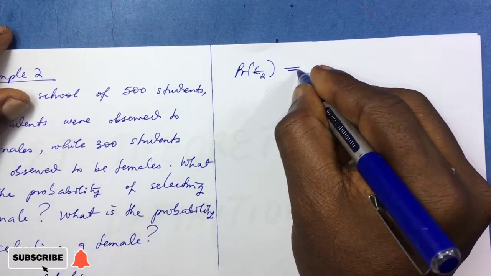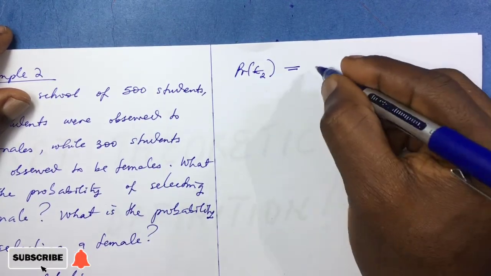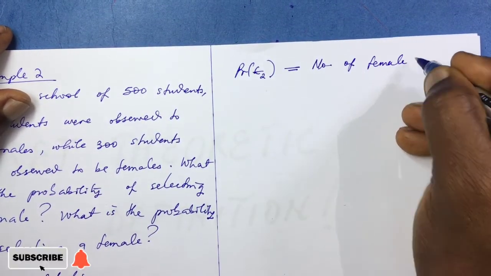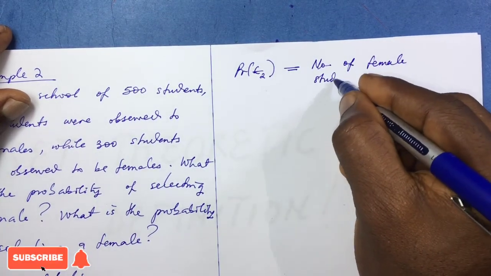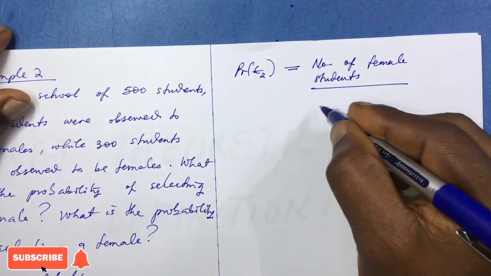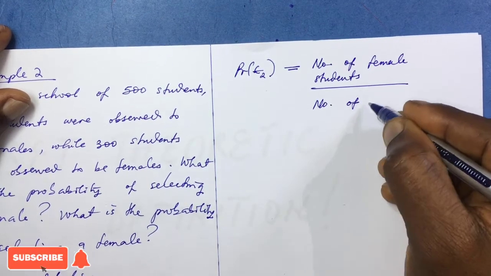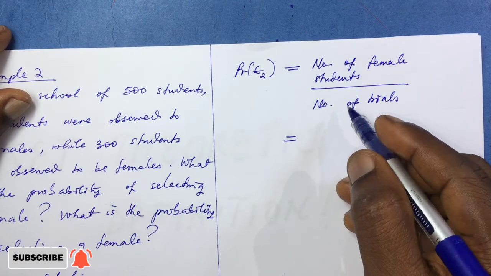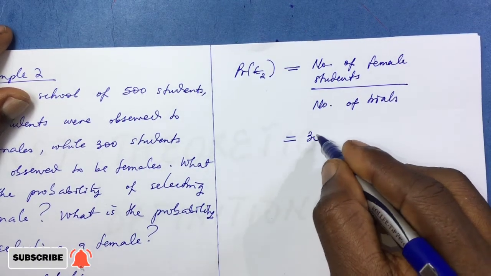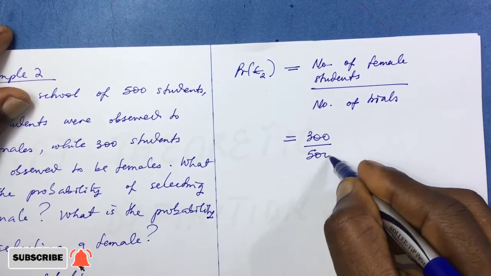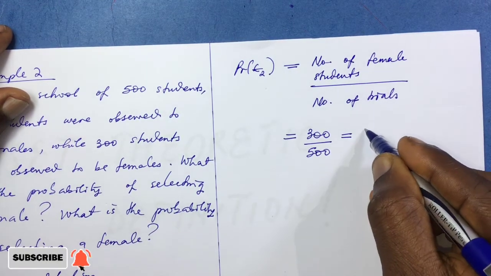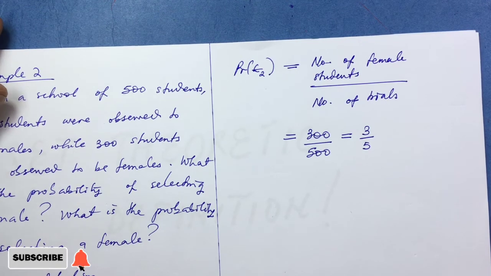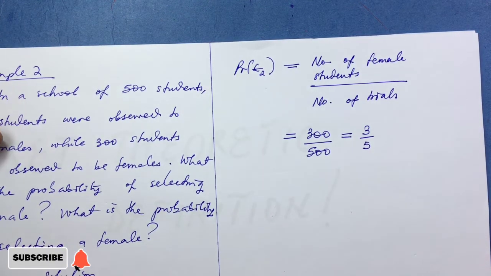And this would now be the probability of E2 equals the number of female students all over the number of trials, which is 300 over 500, and that reduces finally to 3 over 5. So 3 over 5 becomes a measure of the likelihood of occurrence of a female student.